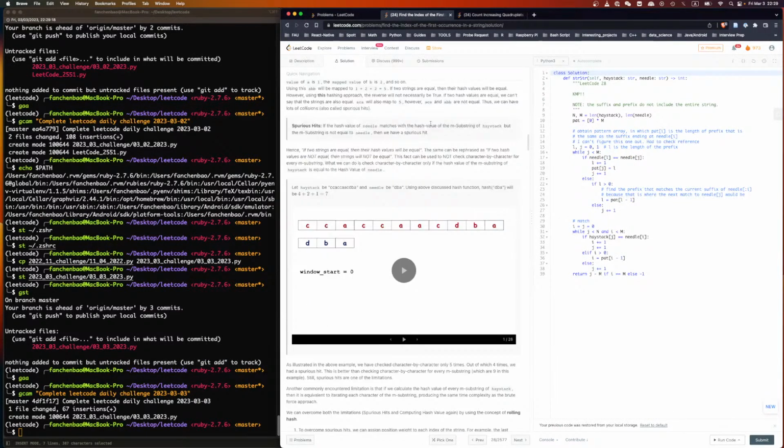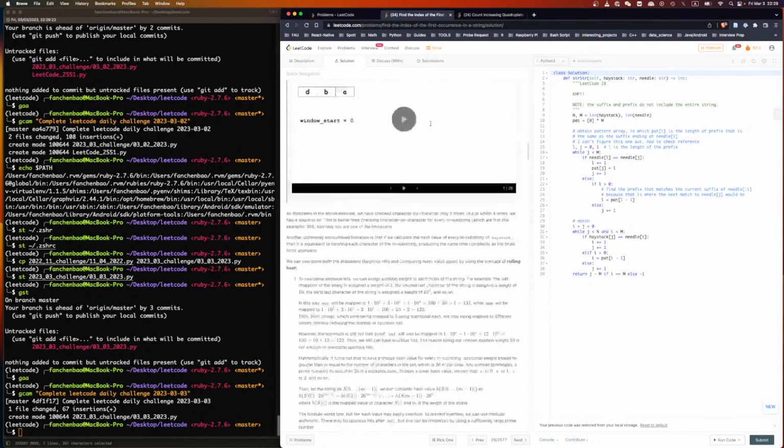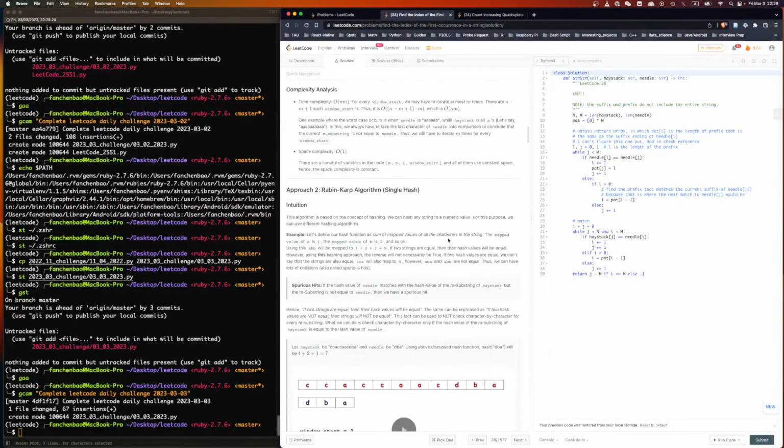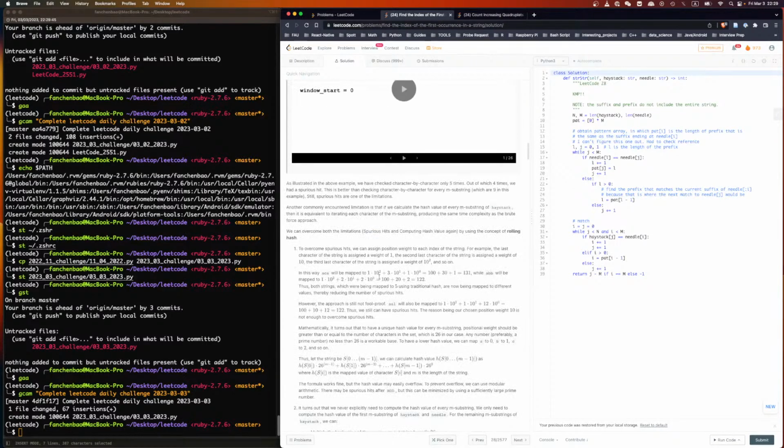This is yesterday's, right? I want to go through the Rabin-Karp. Let's see. Not equal to string and not be equal. Yeah, I know about this.